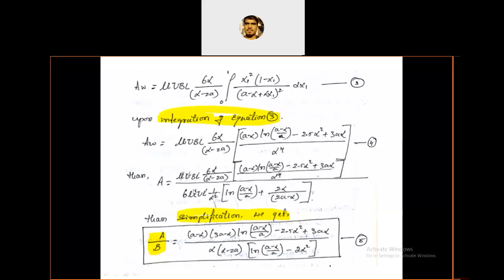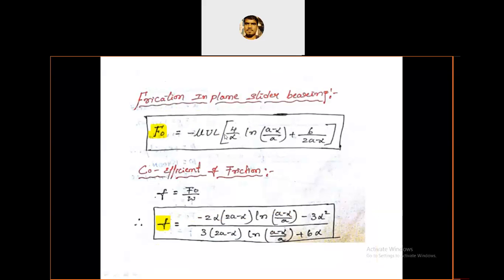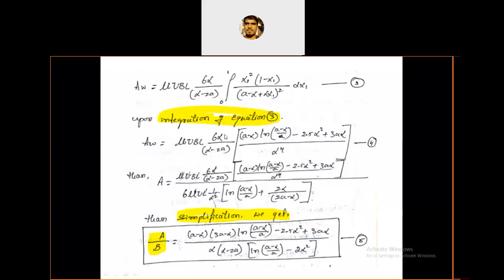Here we take this B and send it to the left side. So A by B is equal to the center of pressure. A by B is a ratio which is equal to this term, and this term is available in the data handbook.